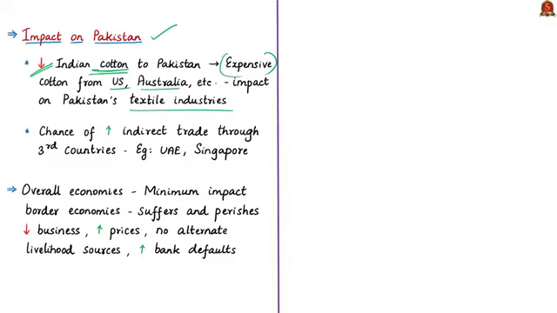Then there is also another possibility. The Indian cotton and other products may be routed through third countries to Pakistan. This route may be through the United Arab Emirates or Singapore. So instead of directly trading with India, Pakistan may get products through this route.